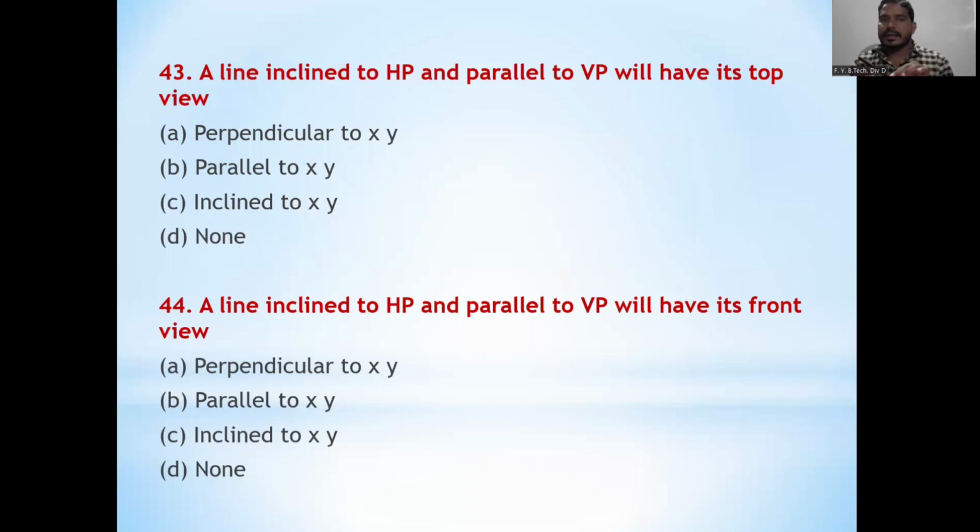So options are there: A, perpendicular to XY. So what are the top views there? It will give the apparent length, but how will it be? It will be parallel to the XY. So we'll check out the options.